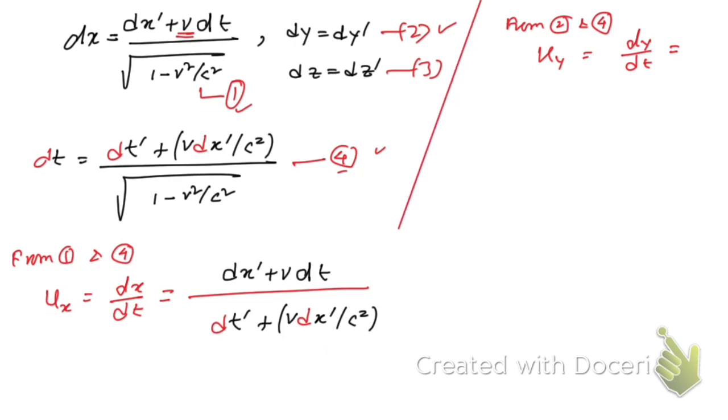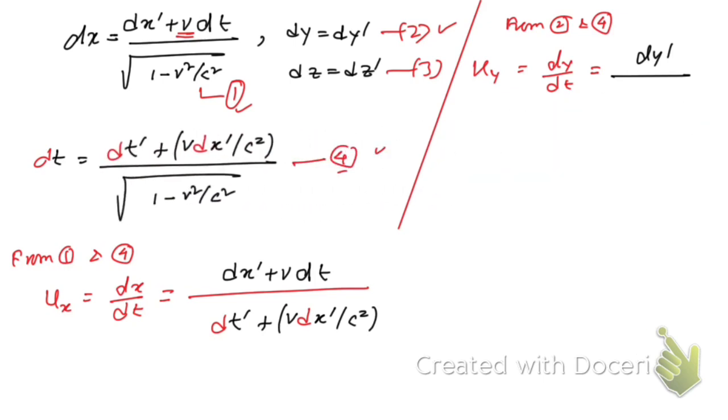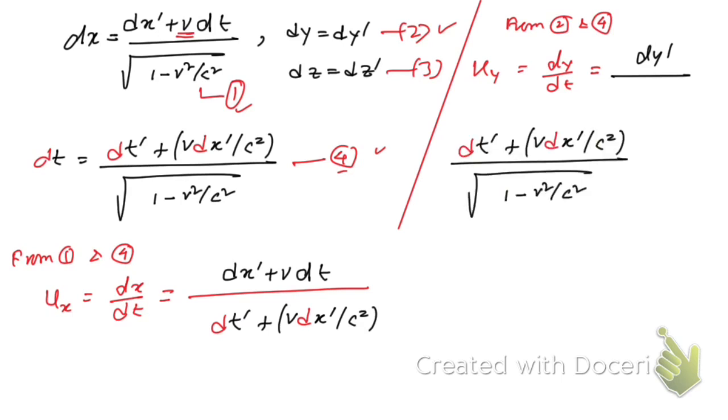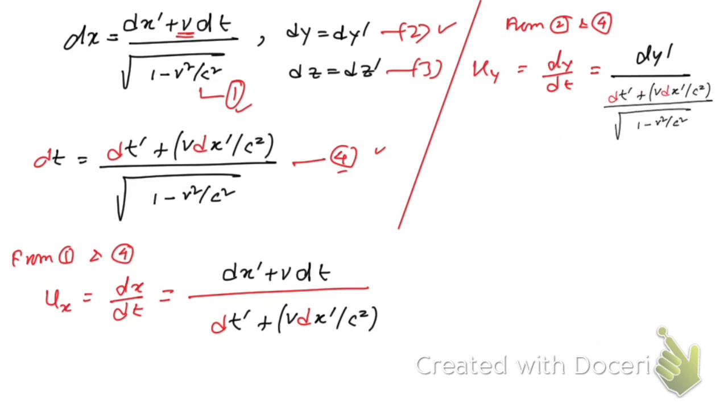So the time derivative of y will be equal to del y dash divided by this. So let me copy this. Okay, this is what we're going to have, right? So hope you have understood this.